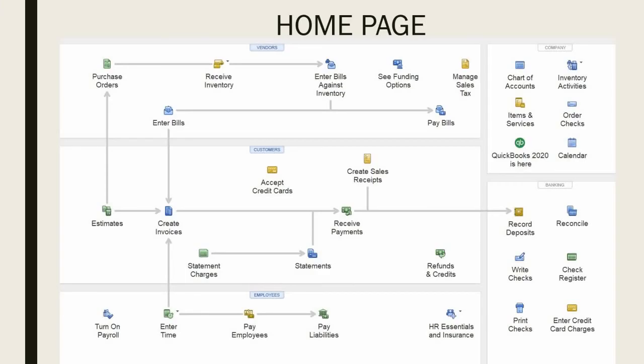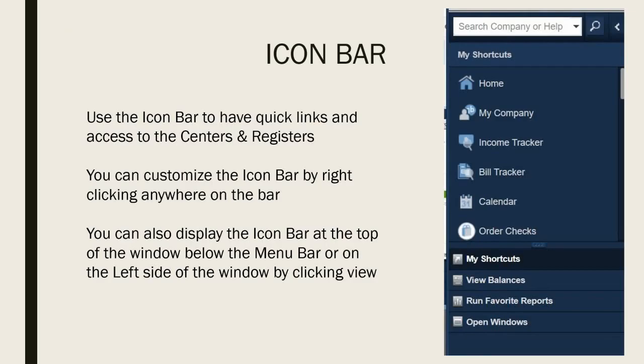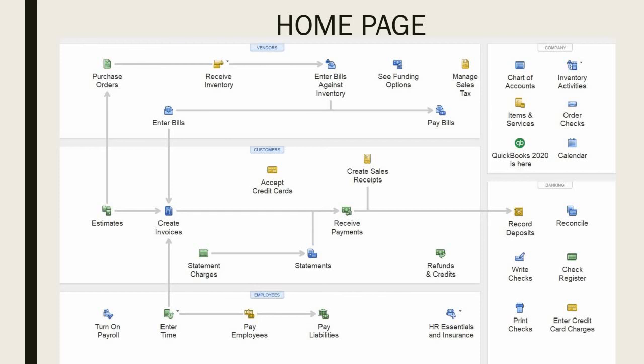So I just talked about the home page. We're going to be introducing the icon bar. The icon bar can be set to the left or set at the top, it doesn't matter. What these are is basically quick links to get to the same place. So again, when we're looking at a specific task, let's say I entered a bill.